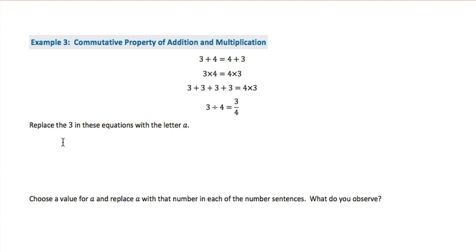They ask us then to replace the 3 in each of the equations with the letter A. So what we would have is A plus 4 equals 4 plus A. And then the next one, A times 4 equals 4 times A. And the next one, A plus A plus A plus A equals 4 times A, or 4A.